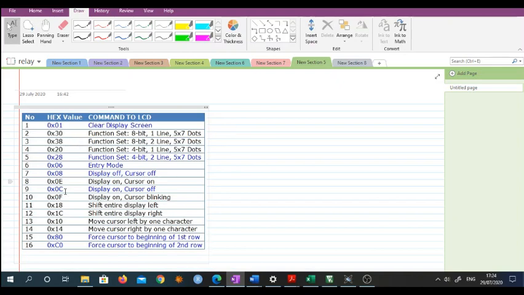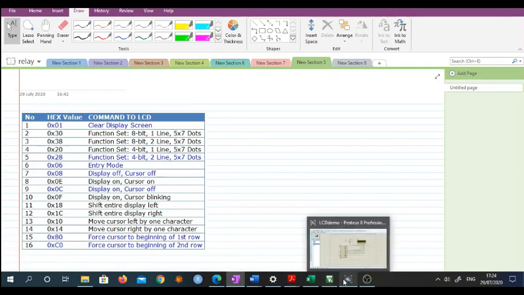All the various commands are given here. Out of these, a few which we are most interested in are display on cursor on, display on cursor off, force cursor to the beginning of the first row, and force cursor to the beginning of the second row. We use these commands more often, so we make use of them to program the LCD.